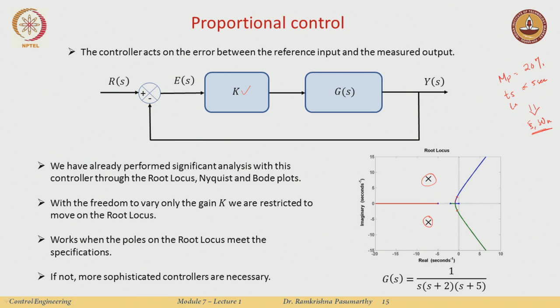So, I just translate the given specifications into zeta and omega n. These translate to appropriate locations on the complex plane. If by adjusting the gain I could arrive at those locations, then I just say this is my controller with that value of the gain k. If not, we need to do something else.